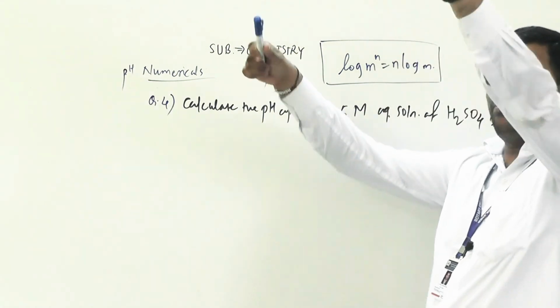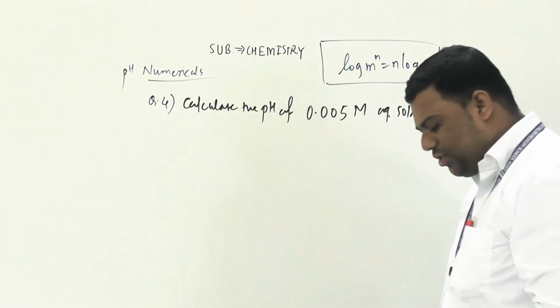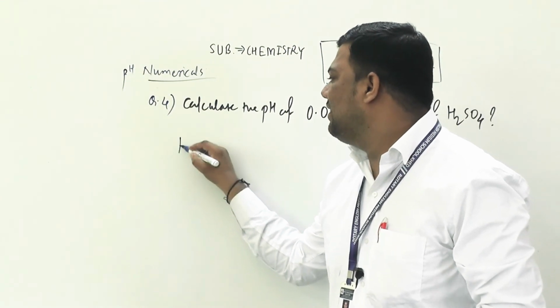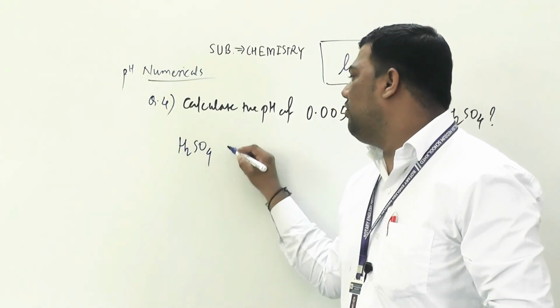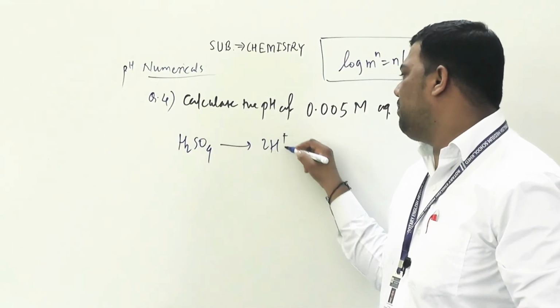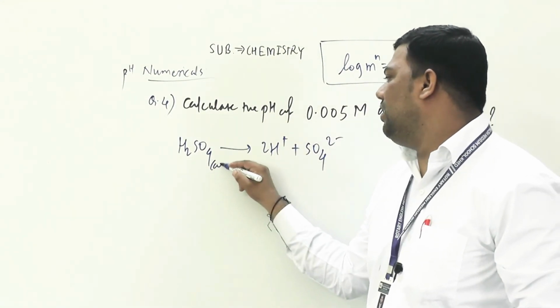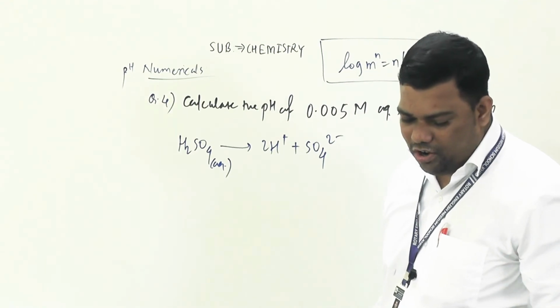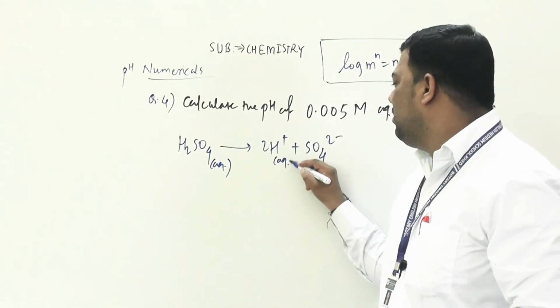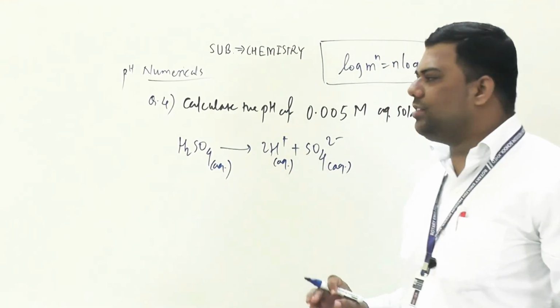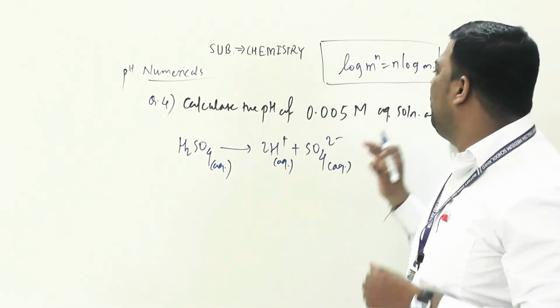Here you must know the breaking of your H2SO4. H2SO4 will break into 2H plus and SO4 2 minus. Understood or not? So calculate the pH of 0.005.